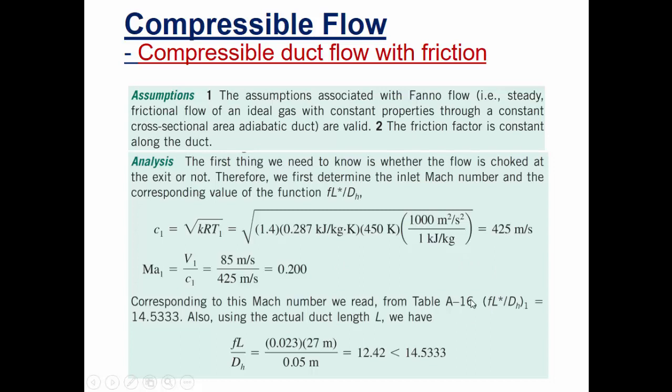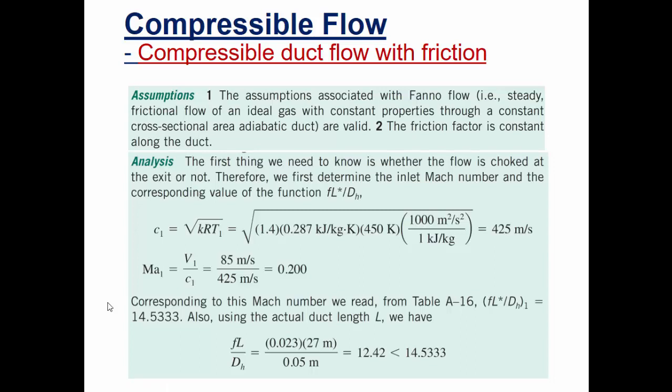From the table, look into Mach number equal to 0.2, and from that Mach number you can find the relationship of the friction factor and the length divided by the hydraulic diameter, which is equal to 14.5333.